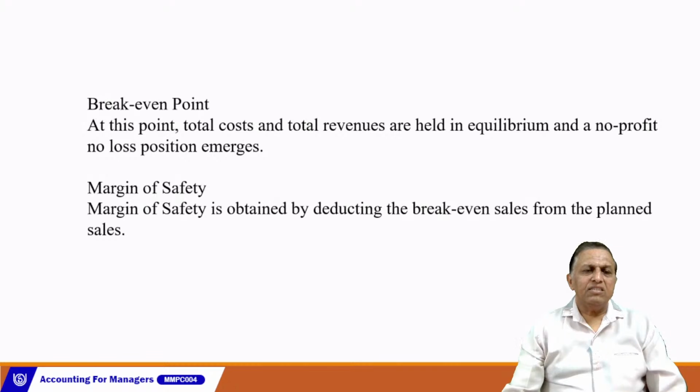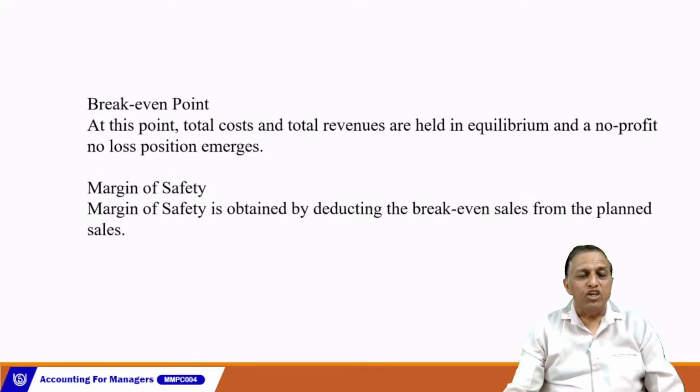Just now we discussed that we have to care about the break-even point in the event of a change in volume, a change in activity, production increasing or decreasing, because then we get to know where there is no profit, no loss, so that at least we can monitor and put in more effort to get the margin of safety, to get the profits.